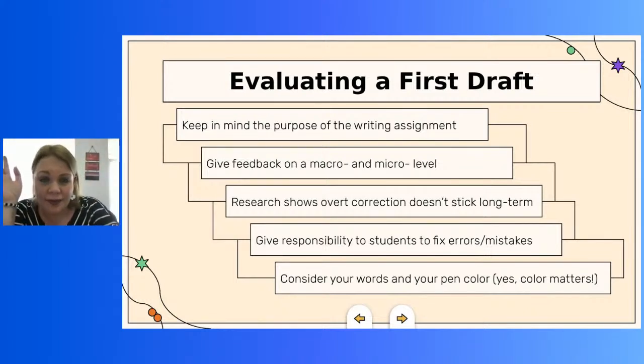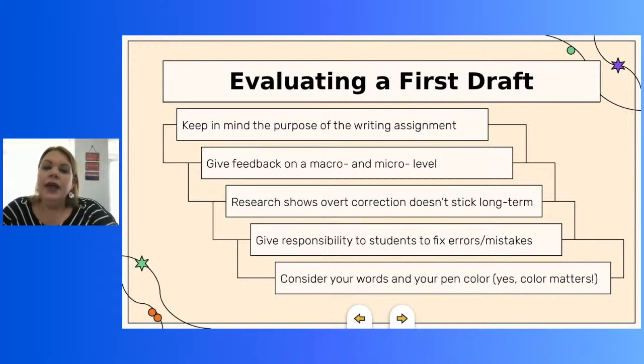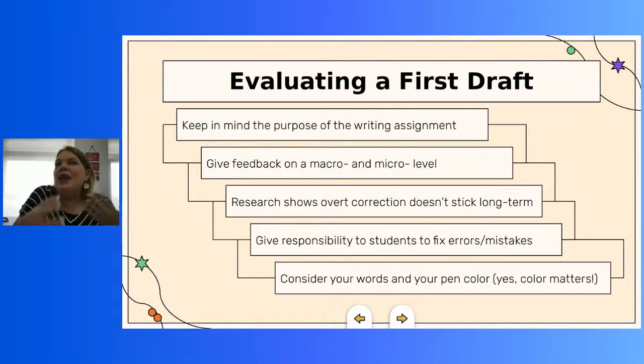They forget or they don't internalize our corrections, right? This is true in the case of writing, and it's also true in the case of speaking. That doesn't mean we don't have to do anything, right? We still have to do something. We have to correct them, but maybe we should be doing it in a way that's not so time consuming.